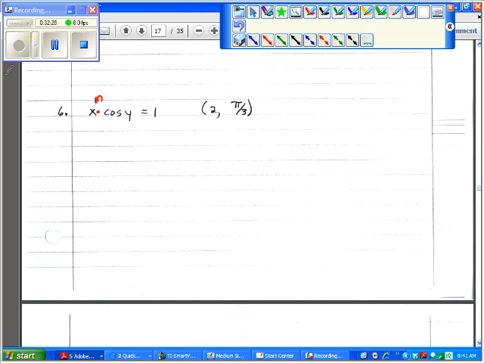Now, to find the derivative of a product, you take first times the derivative of second, which would be negative sine y, plus the second, cosine y, times the derivative of first, and the derivative of x is 1, so that stays the same.